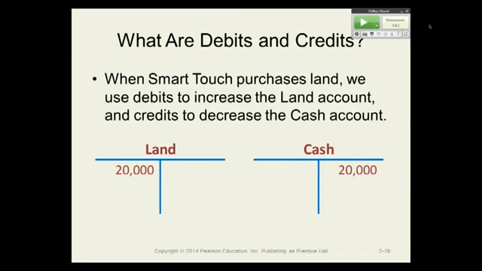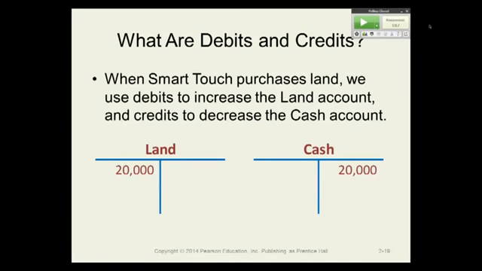Would that be a credit, and then the debit would be a cash? Okay, good question. We'll get to that, but his question was, how would you handle the collection of a receivable? When you collect a receivable, cash goes up, so you debit the cash account, and the receivable goes down, so you credit the receivable. Right, exactly.